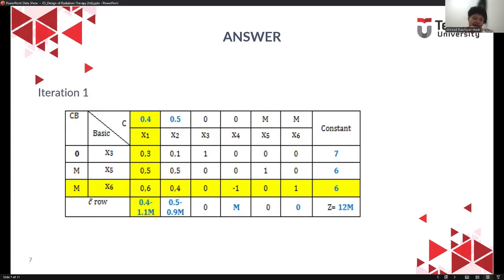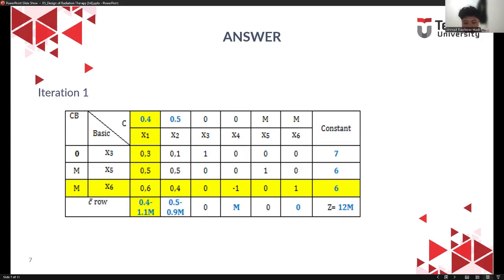In iteration 1, we start with an initial basic feasible solution that includes the artificial variables. We calculate the Zj minus Cj values to determine which variable shall enter or leave the basis.